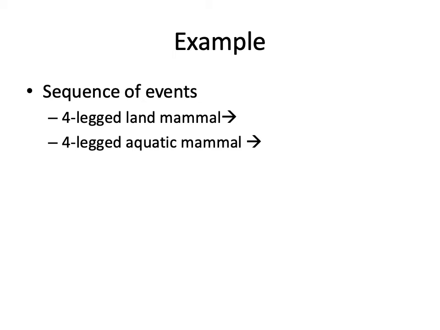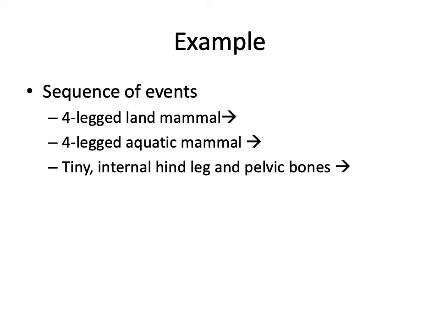Then later, in the fossil record, more recently, it became better adapted to aquatic living. Its hind legs were really, really tiny, and its pelvic bones are really tiny. The hind legs were getting smaller and smaller.